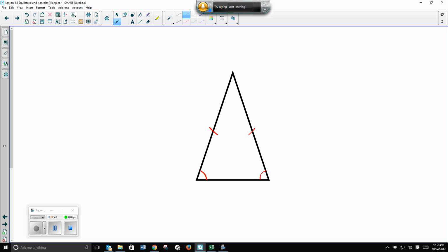So in an isosceles triangle, the two sides are congruent, and the angles across from the two sides are also congruent. The converse is also true. If these two angles are congruent, then the sides across from the two angles are congruent. So that means that I can determine that this is an isosceles triangle just by knowing that the base angles are congruent. So two ways to tell, or three ways.